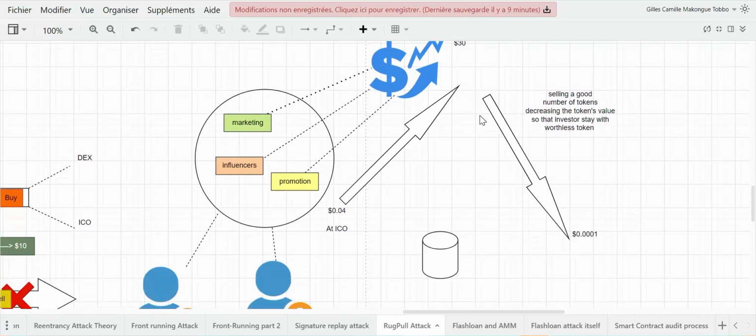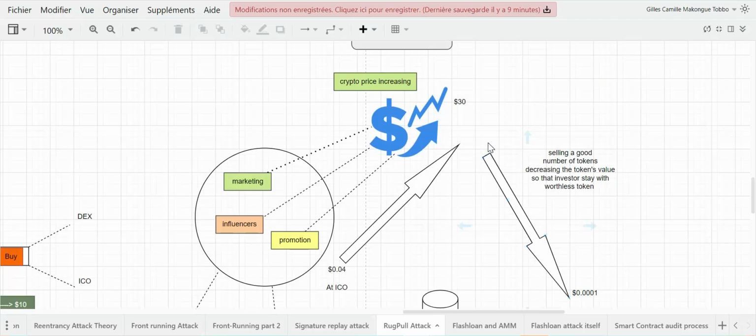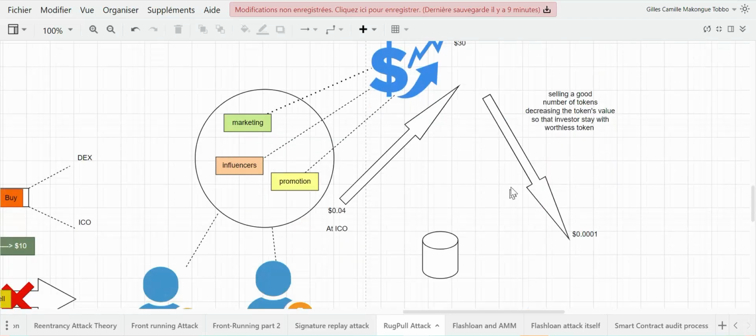But what is going to happen some hours after that is that these founders and other people who are holding the tokens are going to sell a huge amount of tokens.